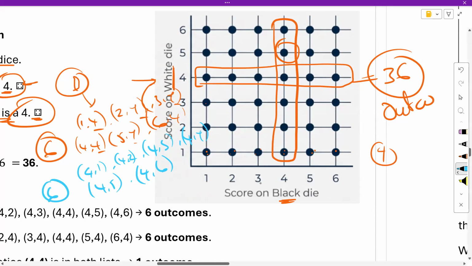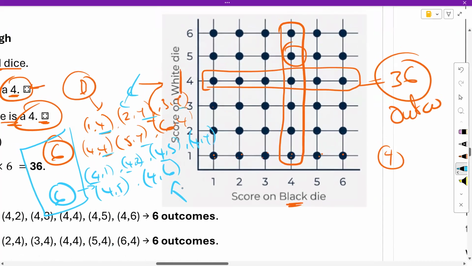Altogether, out of 36, how many expected outcomes do we get, with first die 4 or second die 4? This is the first throw, this is the second throw. 6 plus 6, that is 12, out of a total of 36. And then what's the probability?